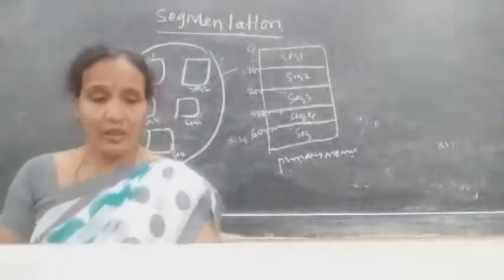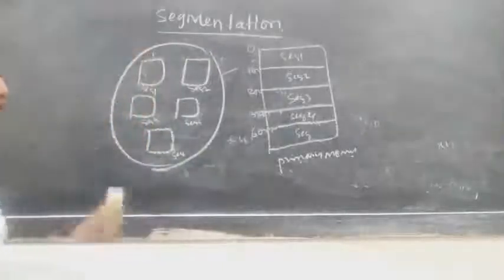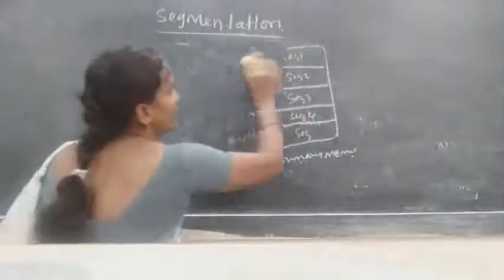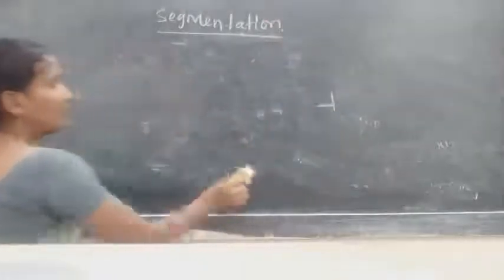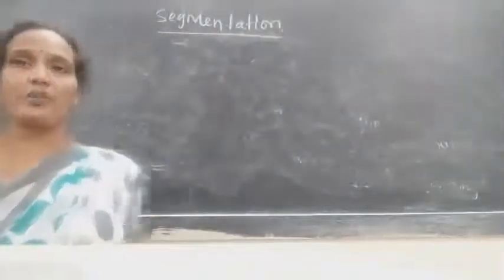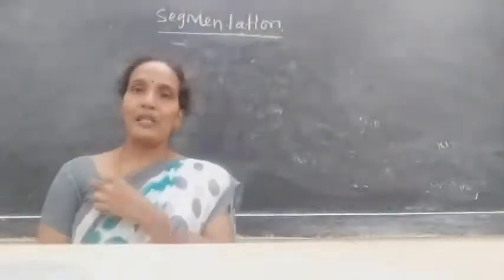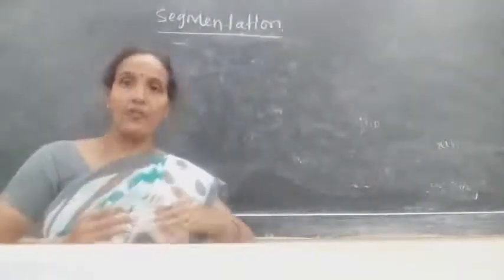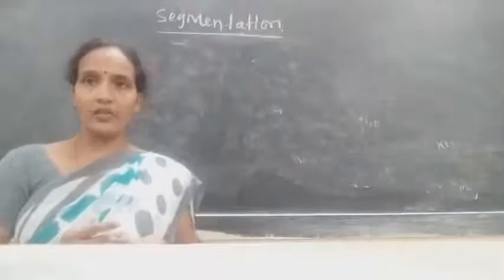Now we are going to the next topic, the continuation of this. From where does the CPU get the information about these segments, the size of the segment, and the base address from where it can take the instructions?